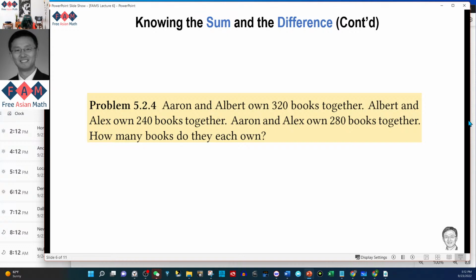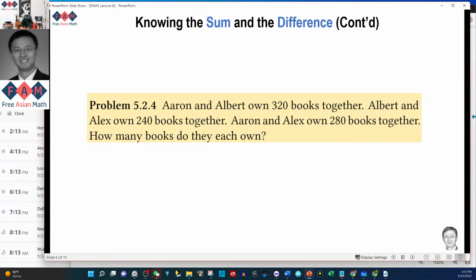So with this understanding, what should we focus on? With this particular subtraction, we should focus on the relationship between the number of Aaron's books and the number of Alex's books. And that came in the third one, that is 280.